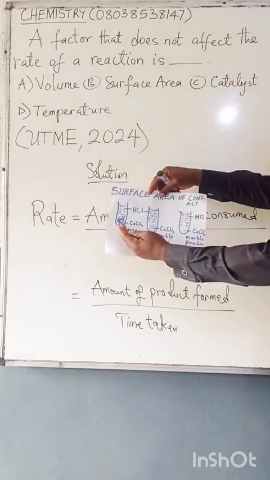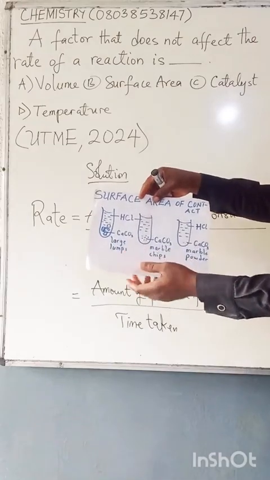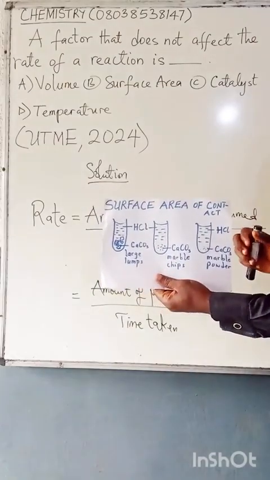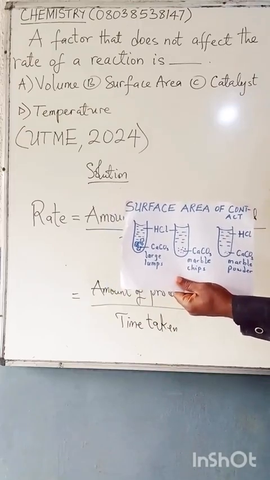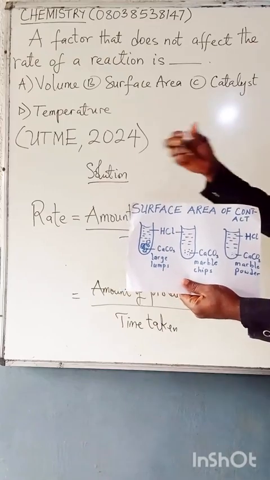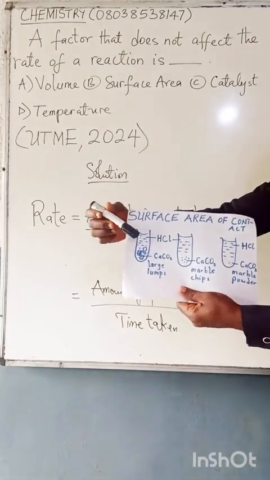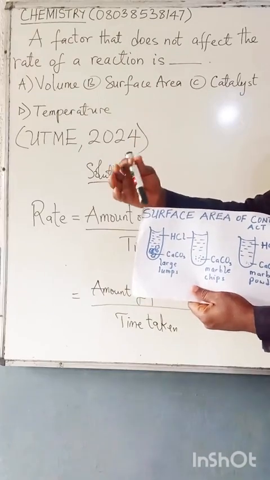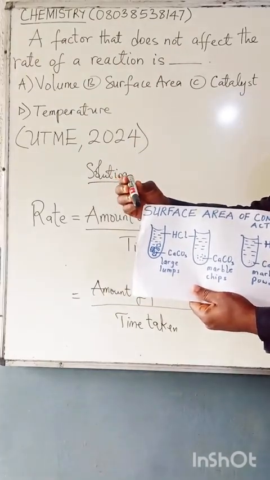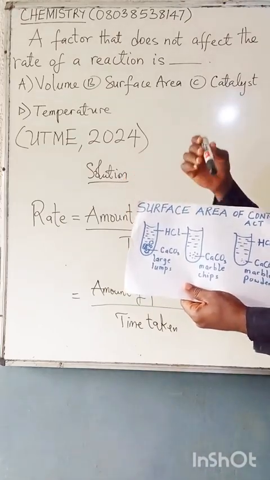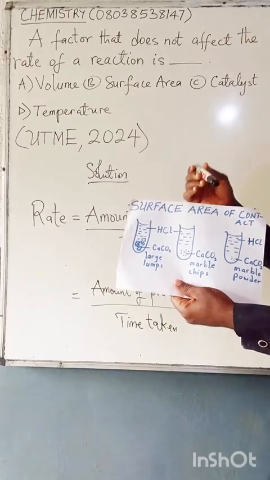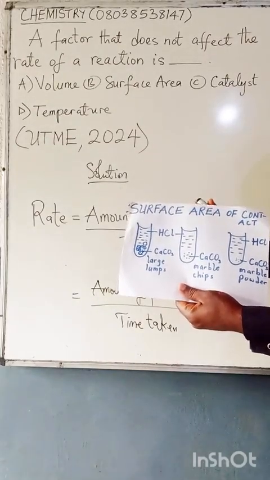In the first test tube, it is here in large lumps. Large lumps means huge lumps, like big stones. And then we have HCl. In the second test tube, we have calcium carbonate in chips.